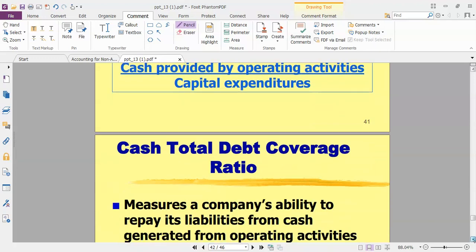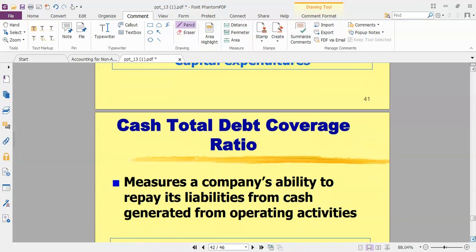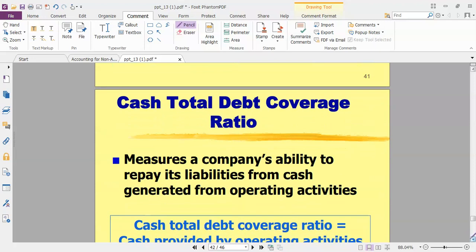So how about the cash total debt coverage ratio? The cash total debt coverage ratio is a measure of a company's ability to repay its liabilities from cash generated from operating activities.